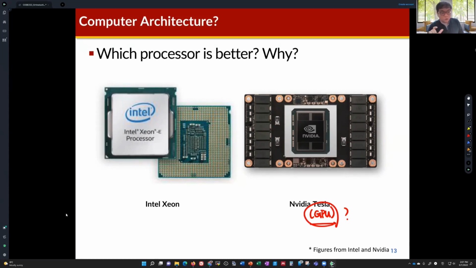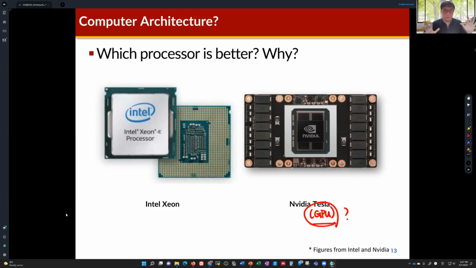But CPU and GPU have different architectures. When I mention architectures, that means the structure and components inside of the CPU and GPU are different.